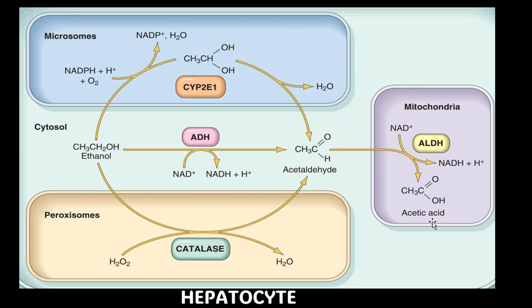The acetic acid formed here will be converted into acetyl coenzyme A. This acetyl coenzyme A can either enter the tricarboxylic acid cycle, that is the Krebs cycle of respiration, or if it is in excess, it will be used for fatty acid synthesis, or sometimes for ketone body synthesis. So this is the metabolism of alcohol.